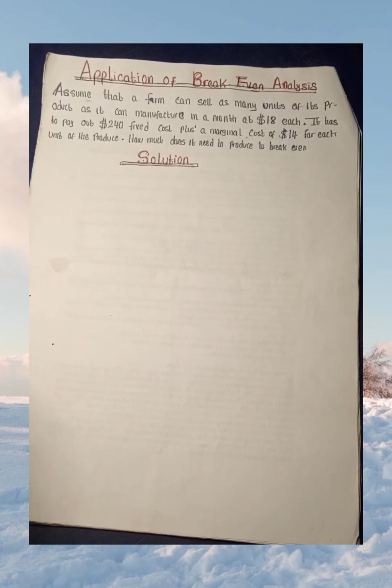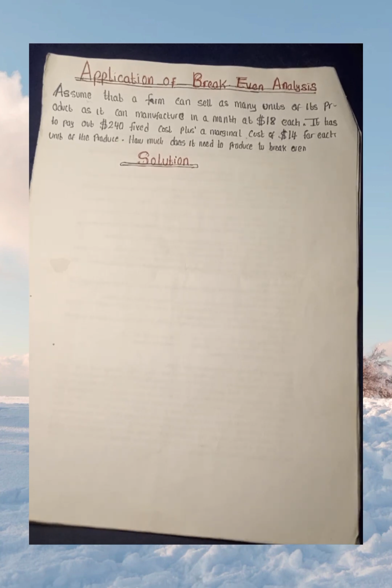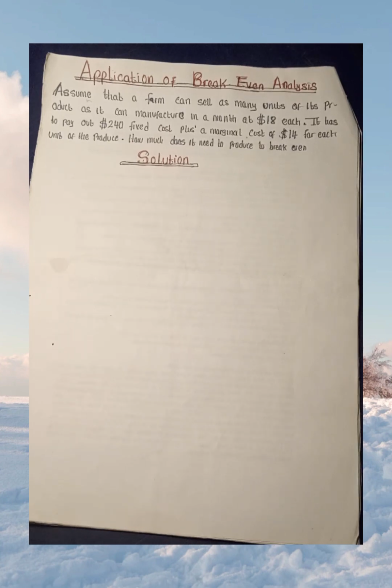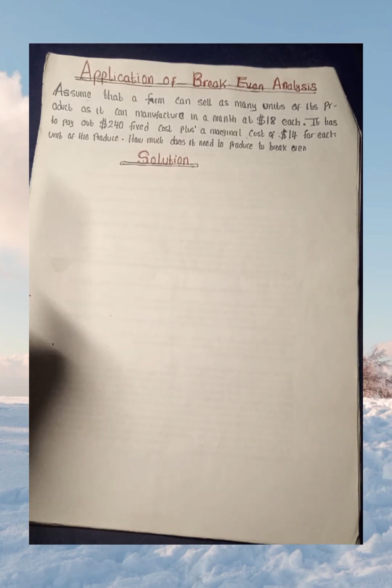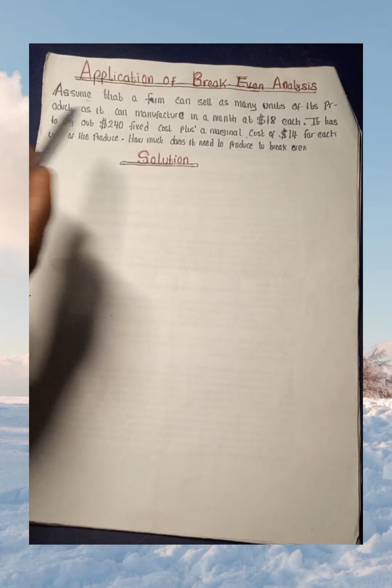So now we are asked to solve this particular question: what is the quantity? I want to tell you something. The break-even price of a produce is closely related to the break-even yield. In this particular question, they have given us the selling price of each particular produce in a month.